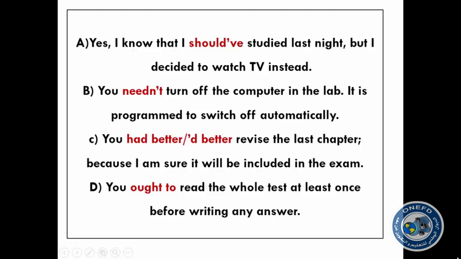We use should have plus past participle to express advice, but when it has already been too late. For example, in this case, this person should have studied last night, but he did not do it. He went and watched TV instead. So here we are expressing advice even if it is late.